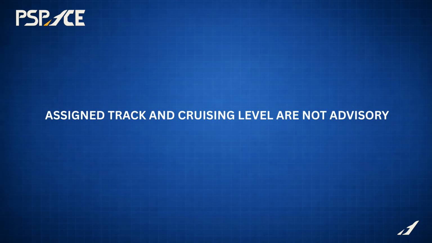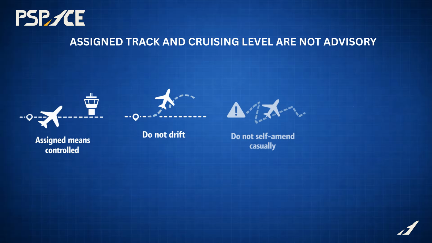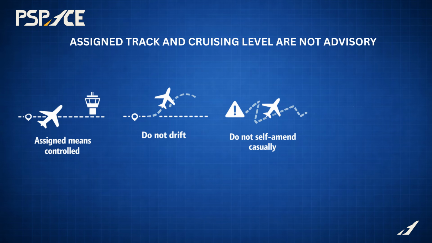The commander also has a direct responsibility concerning departure from the assigned track or cruising level. In controlled airspace, an assigned route or level is not a suggestion and not a private planning preference. It is part of the coordinated traffic solution under which the aircraft is being managed. That means any departure from the assignment must be treated as operationally significant.